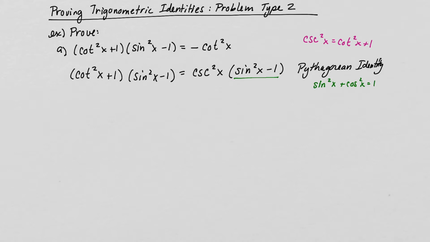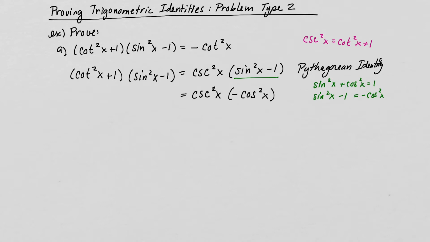And if I rearrange this a little bit, I could subtract the 1 to the left-hand side. So sine squared x minus 1, and move the cosine to the other side, equals minus cosine squared x. So that stuff inside that parenthesis that I underlined in green is really just a minus cosine squared x. So we have cosecant squared x times negative cosine squared x.